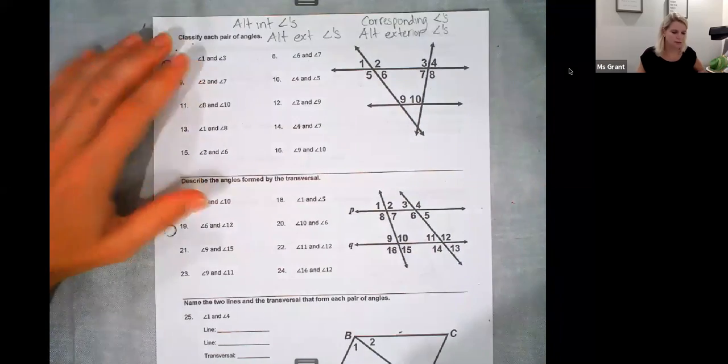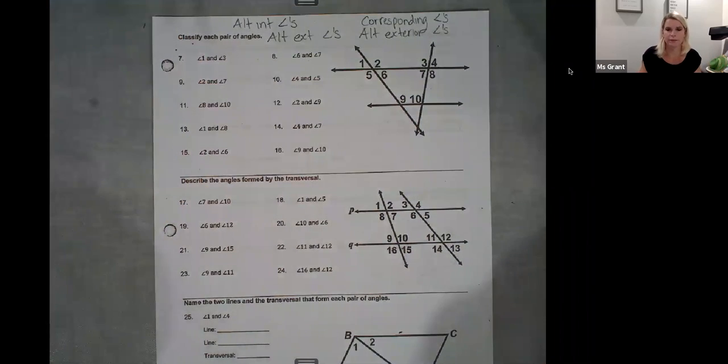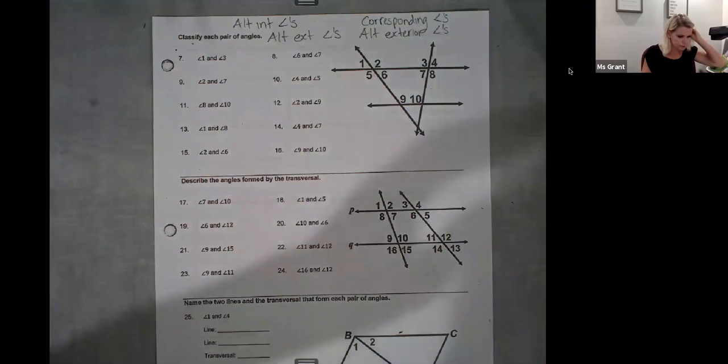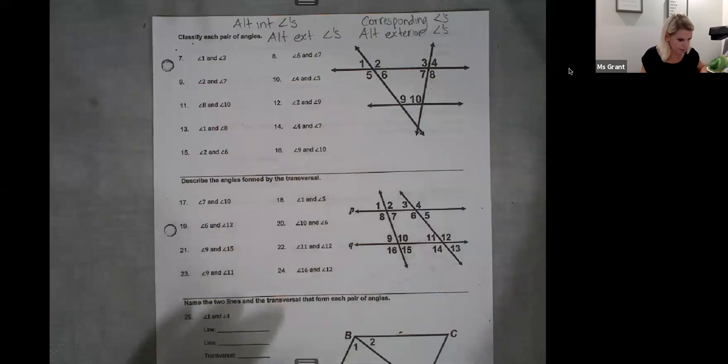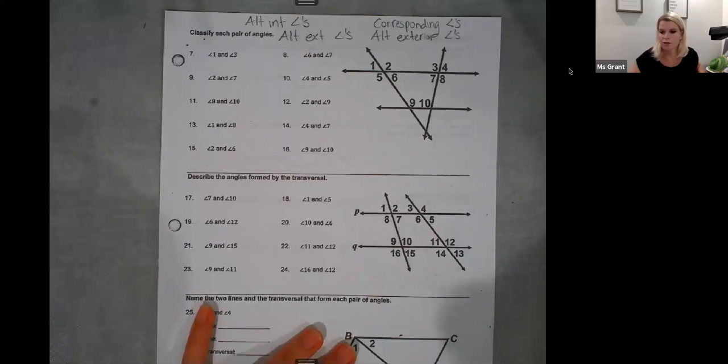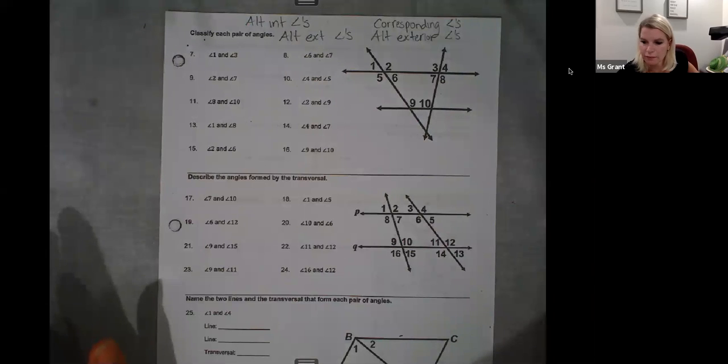Those are my 4 choices right now. So we're going to go through, there's a lot of numbers here, and we're just going to go through them to the best of our ability.